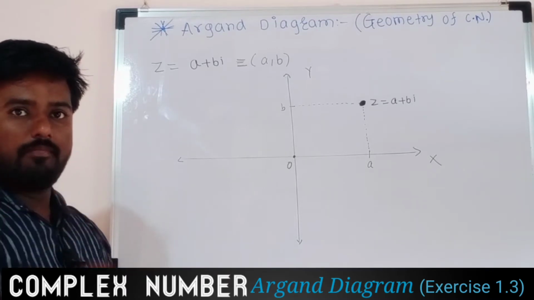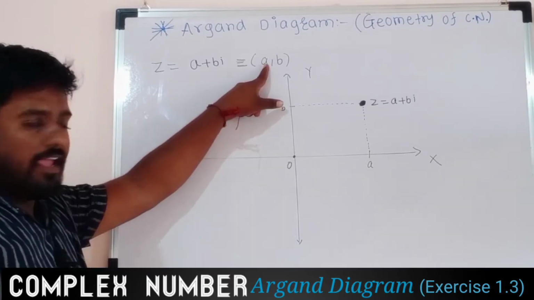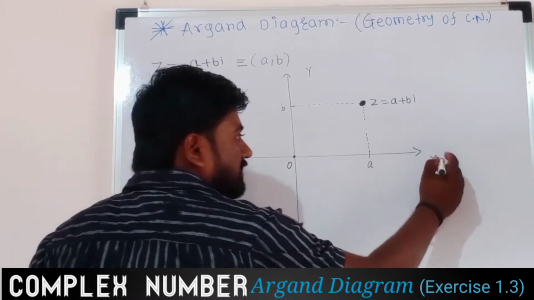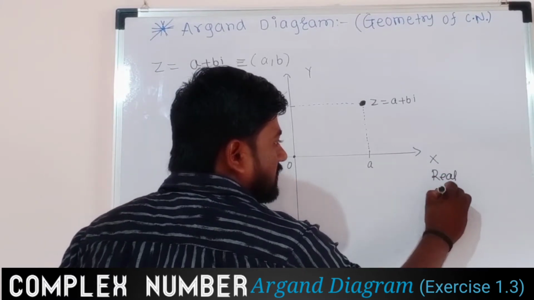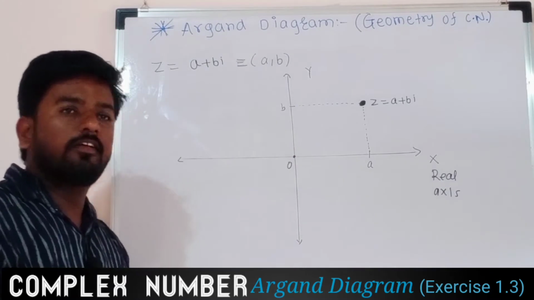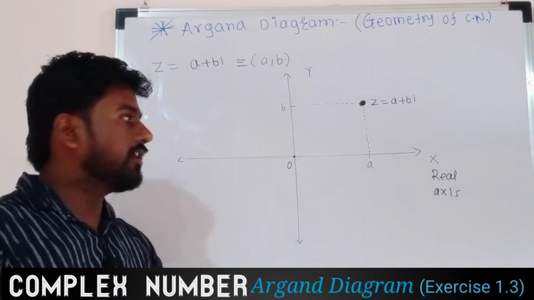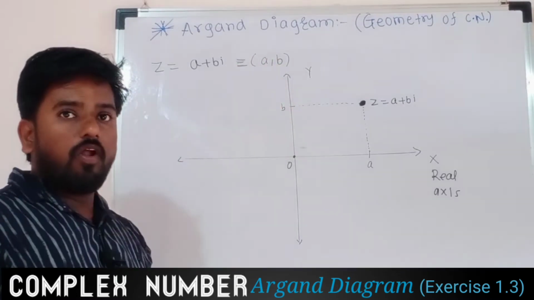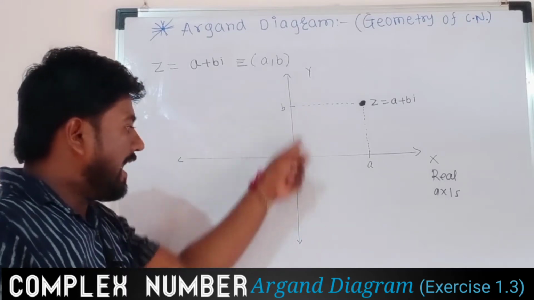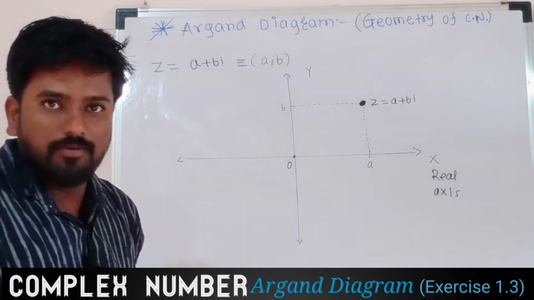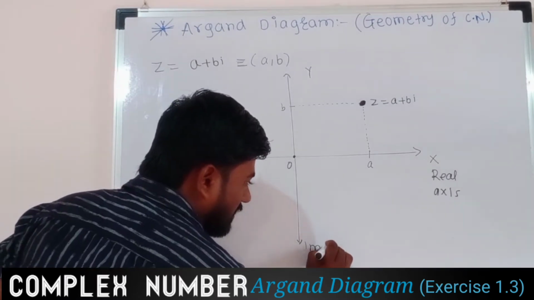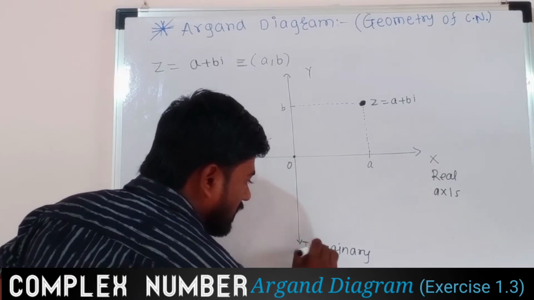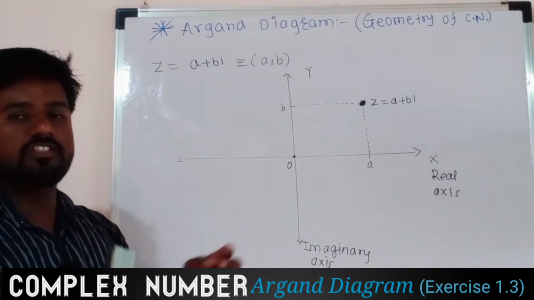Students, remember that as we plot a, the real part, on the x axis, the x axis is called the real axis. In a similar way, as we plot the imaginary part on the y axis, the y axis is called the imaginary axis. I will write imaginary axis here. This is a very simple part.